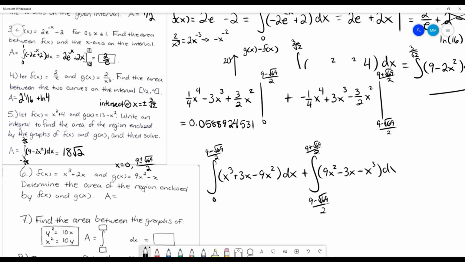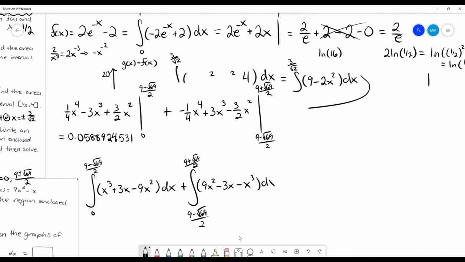So then it's the other one, which is also not fun. So 9 plus the square root of 69 divided by 2. Okay.